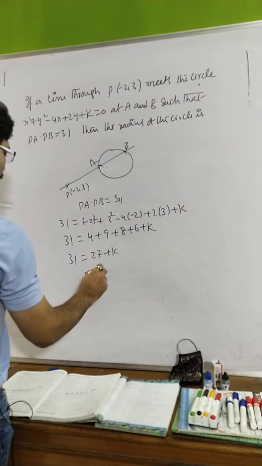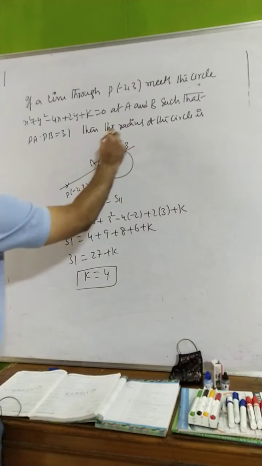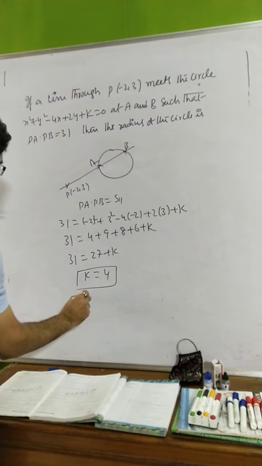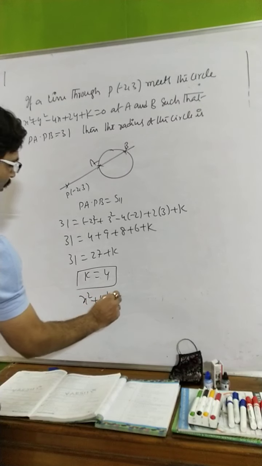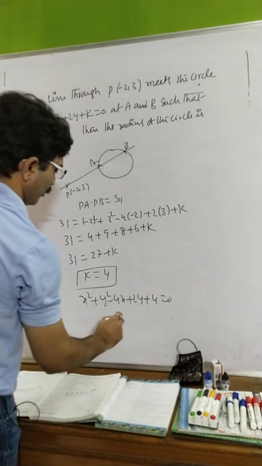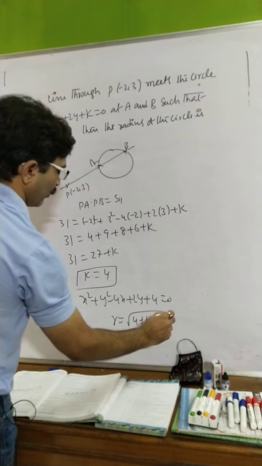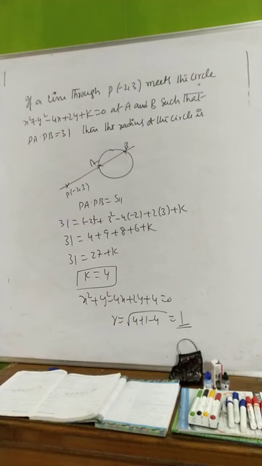So the value of K is 4, we got it. If K is 4, he is asking what is the radius of the circle. No need to worry. So the circle equation we got finally is x square plus y square plus 4x plus 2y plus 4 equal to 0. Radius is under root of 4 plus 1 minus 4. Radius is 1. We got it. Radius is 1, sir.